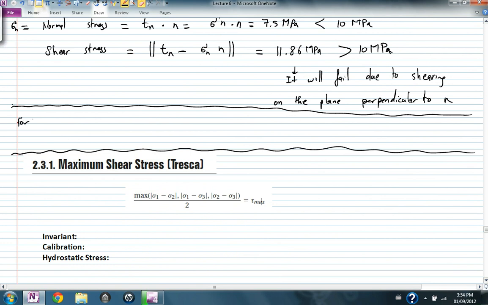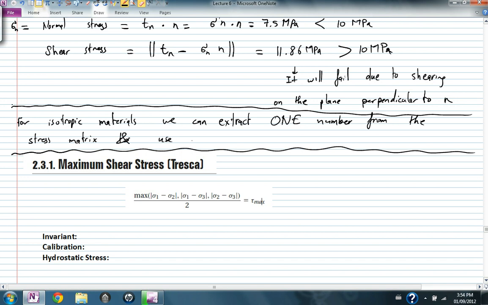So for isotropic materials, we can extract one number from the stress matrix and use it to indicate whether material has failed or not.